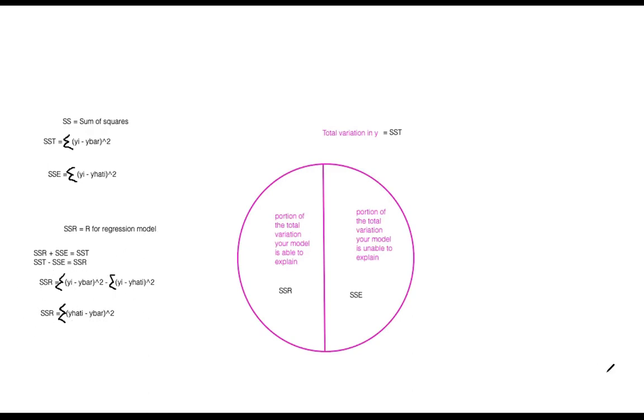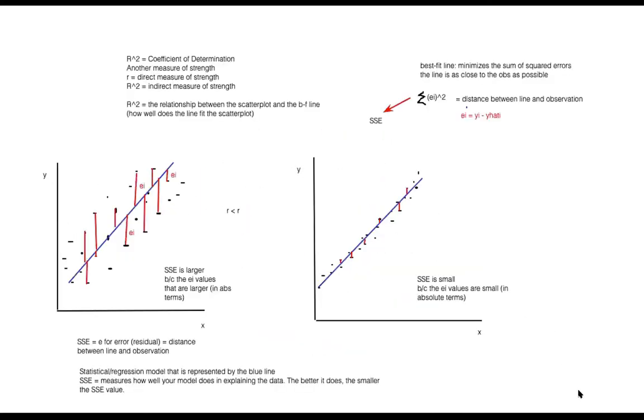Okay, so now let me draw. This circle, as I just put it in the middle, is not always going to be in the middle. So let me go back to these two scatter plots.